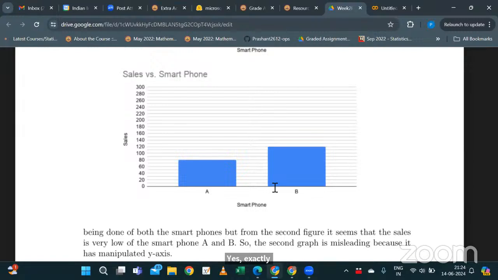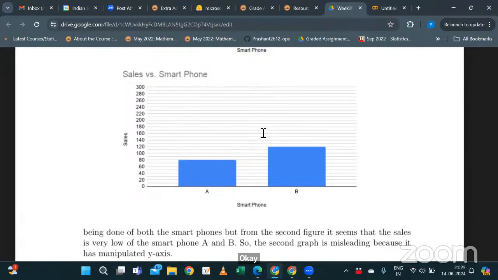Will that graph be misleading or significant? No. In that case, C has 300, so you have to go till 300, right? Yes, sir. Then in that case, it's okay. Okay, sir. What if, sir, I am saying, like 180?